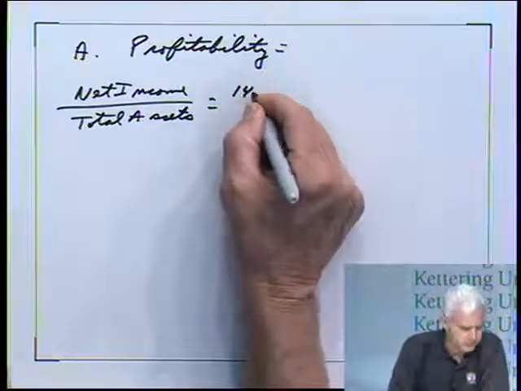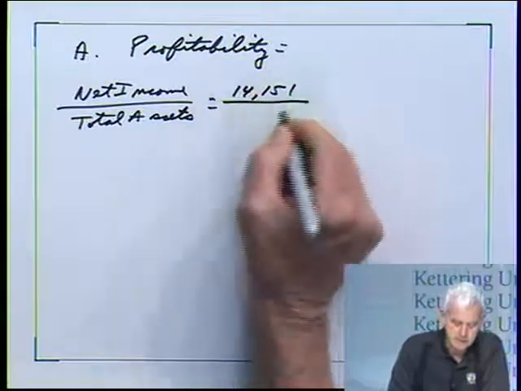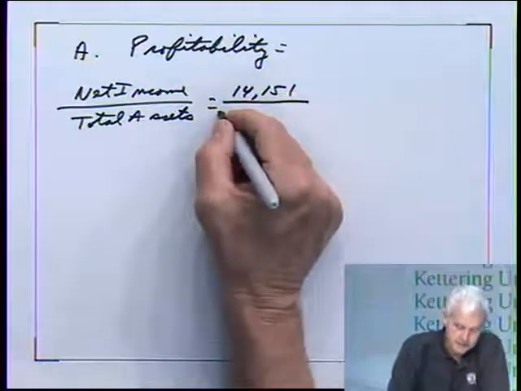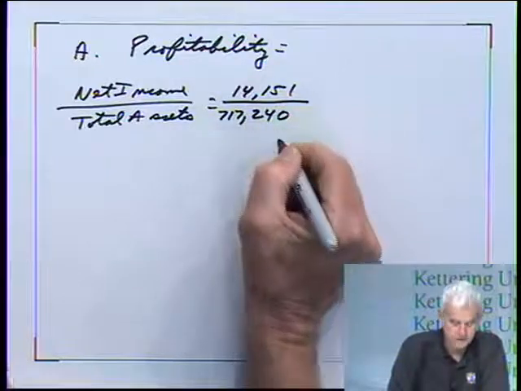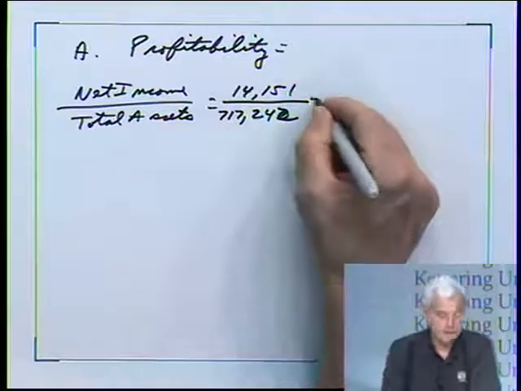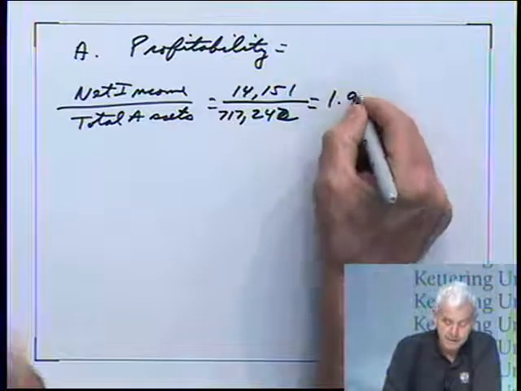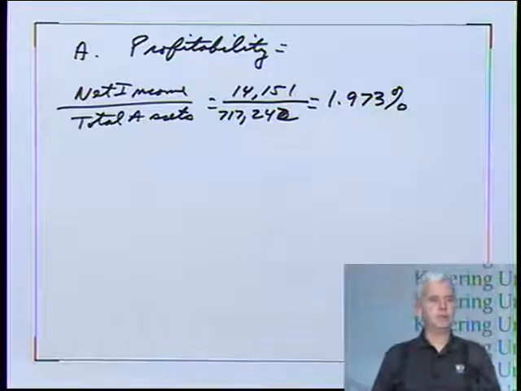So it's 14,151,000,000 was their net income, and they had 242,000,000 in total assets, and I got that at 1.973%, less than 2%.